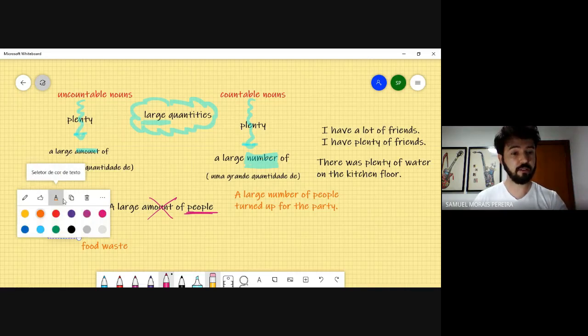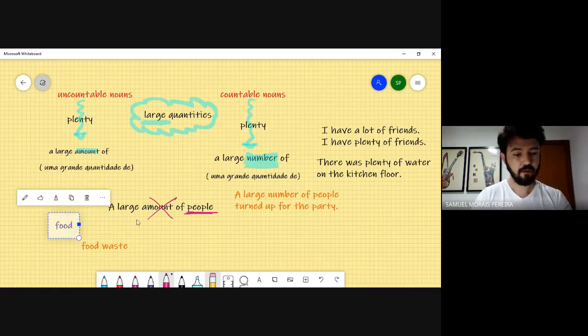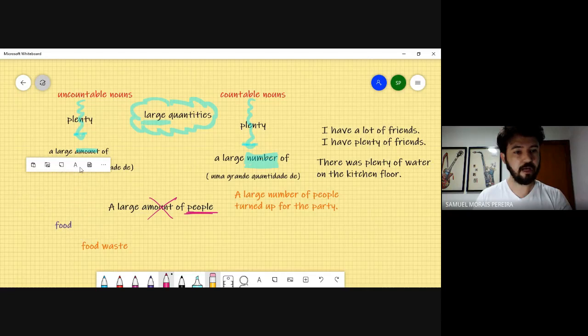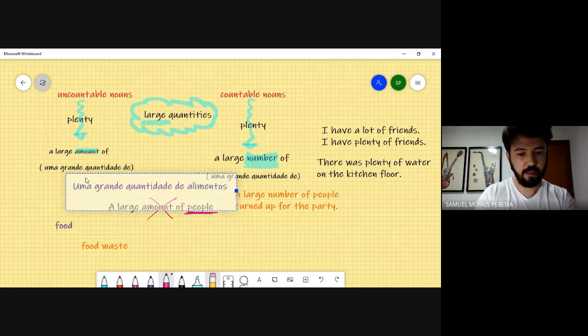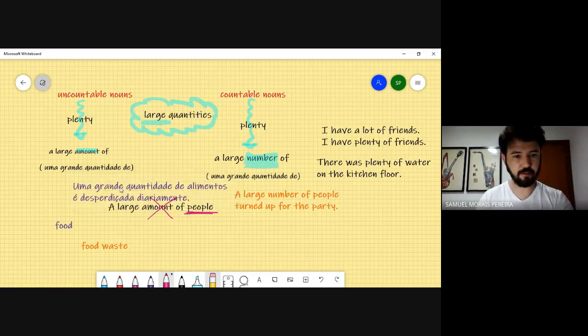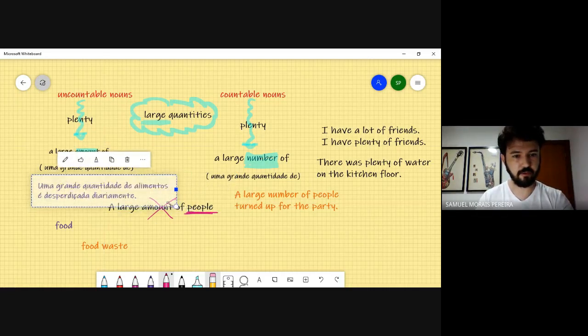Ou melhor, imagine que a frase fosse assim, olha, uma grande quantidade de alimentos é desperdiçada diariamente.